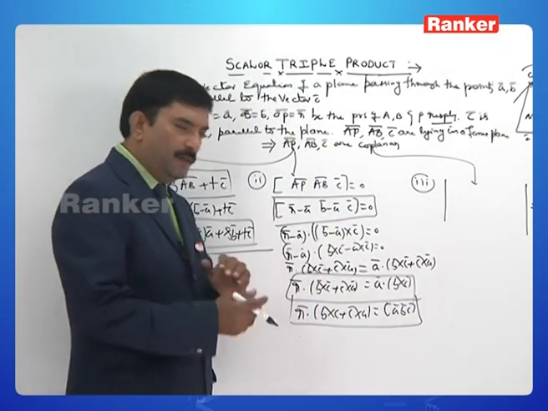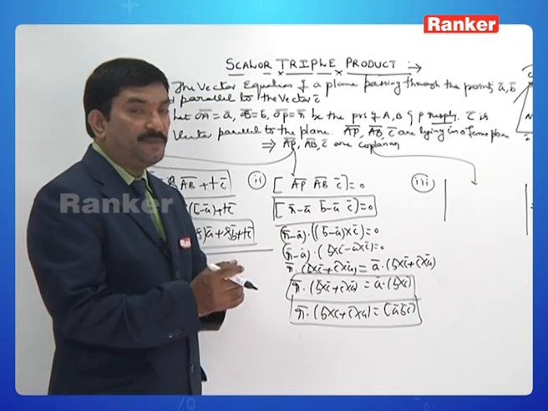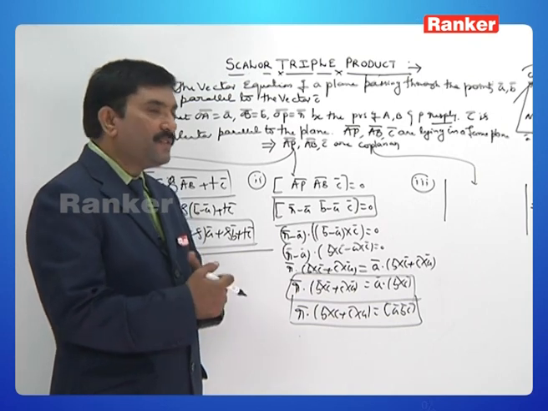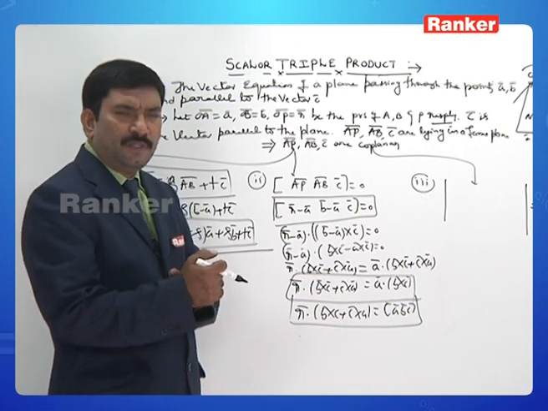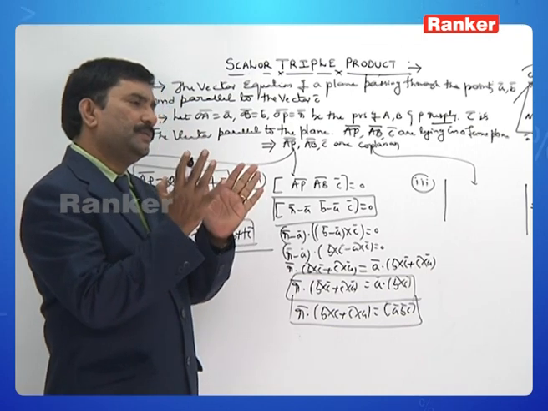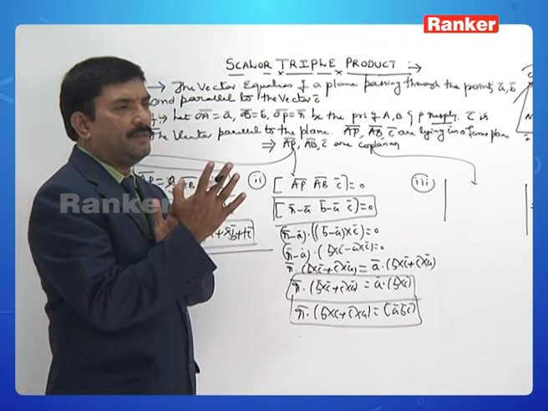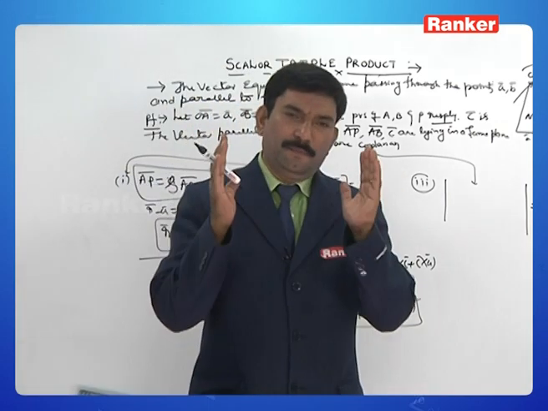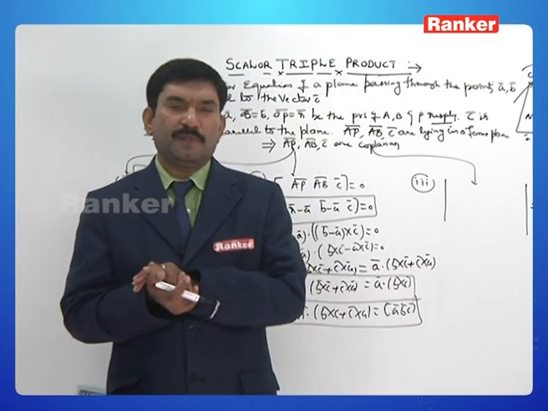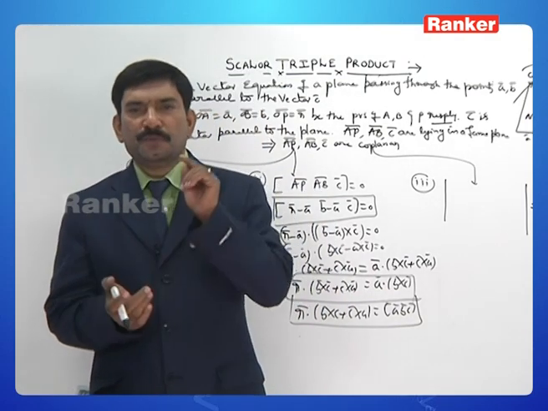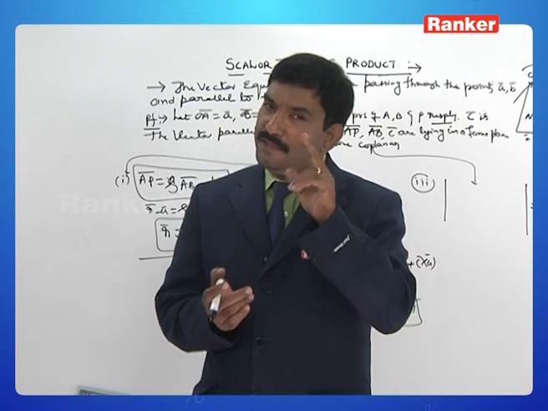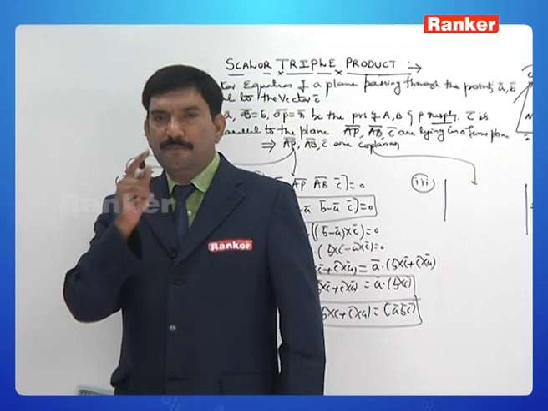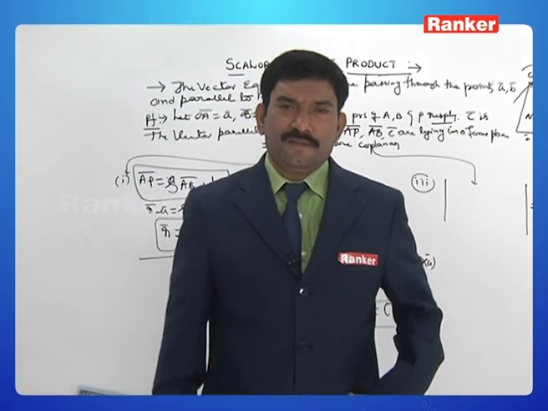Now here another discussion comes, as we did in the previous theorem concept. These are very important. For concept orientation, I want to find the perpendicular distance from the origin to the plane passing through the 2 points A bar and B bar and parallel to the vector C bar.